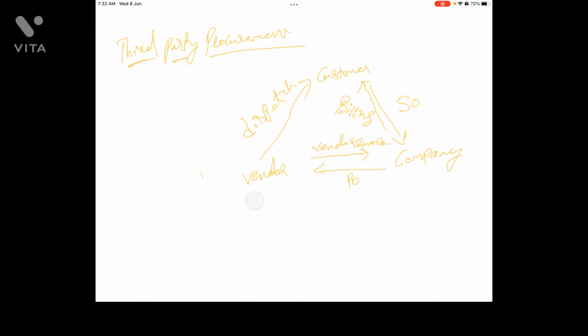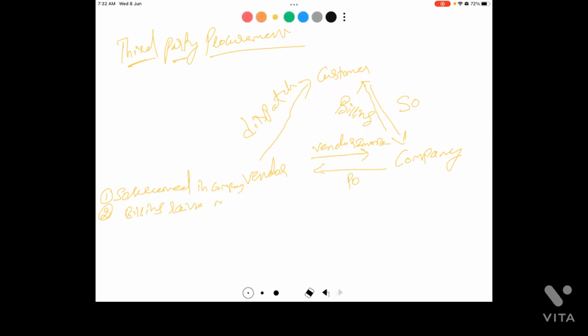The first point is SO received in the company, and billing will be raised by my company. These two points are between the customer and our company.